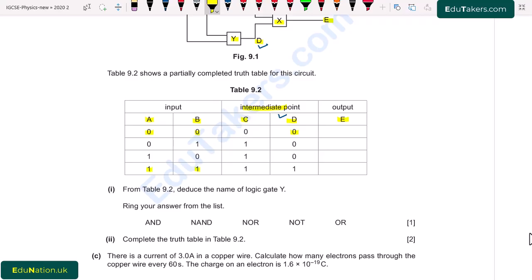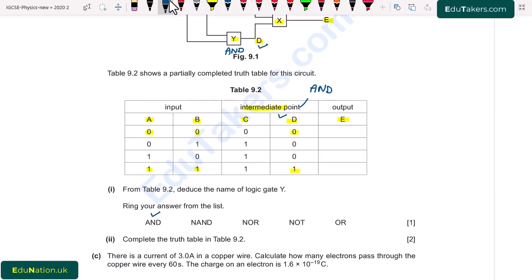When inputs are 1 and 1, output is 1. For all other cases, output is low. It means that it is a NAND gate. Sorry, it is an AND gate, in which both inputs are 1, 1, then output will be 1, otherwise it is 0. So Y is an AND gate.